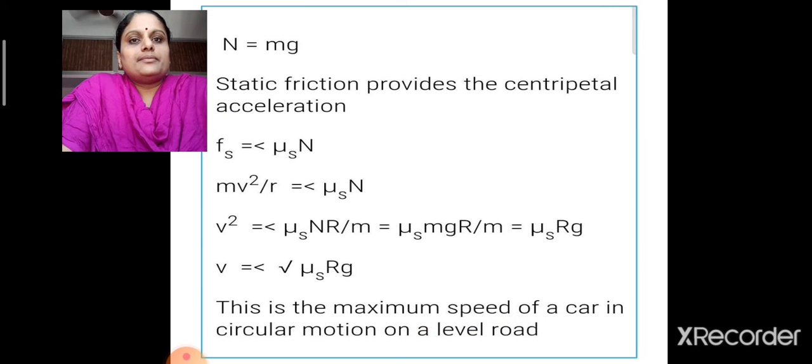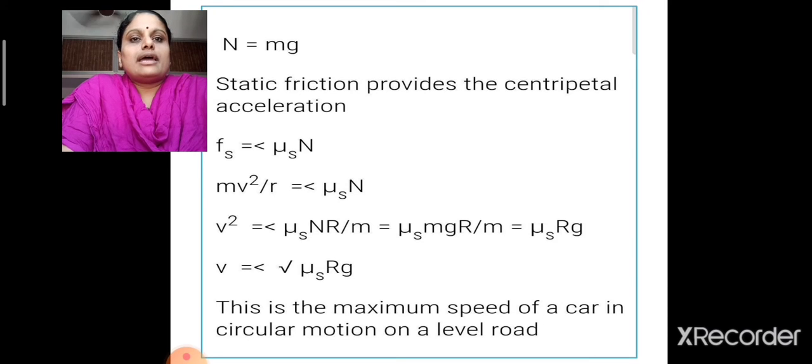Now let us see how this centripetal force helps the object in moving without skidding. So we know here normal reaction is balanced by the weight mg of the car. And we have already learned that the force of friction is given by Fs, which has a maximum value μs into N, where N represents the normal reaction force.